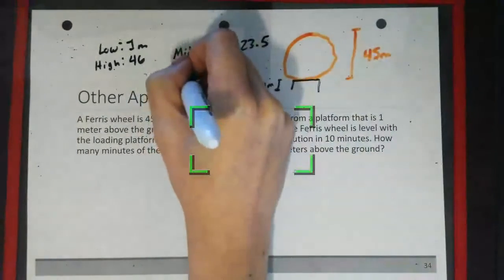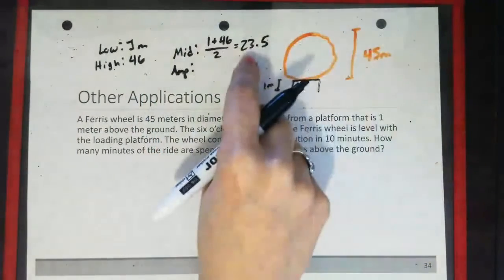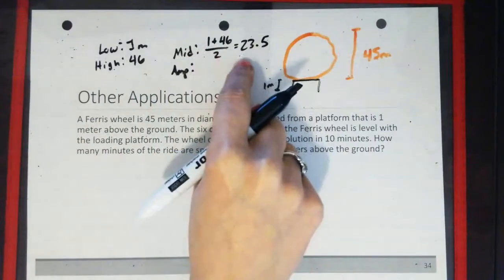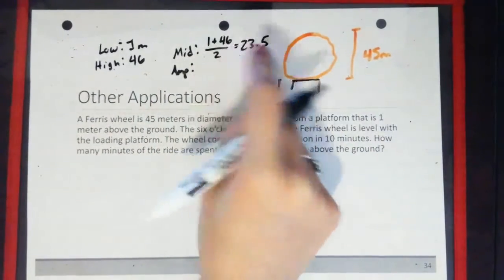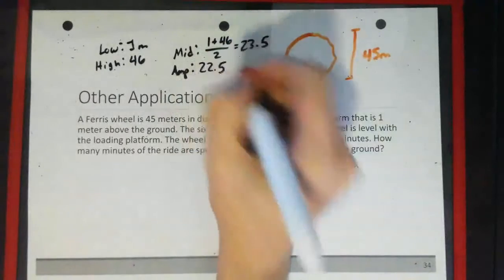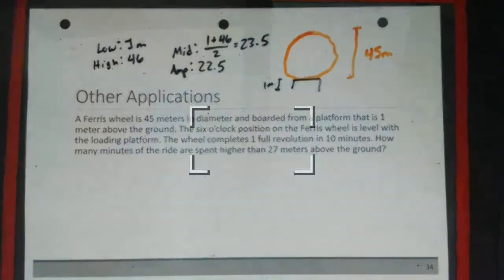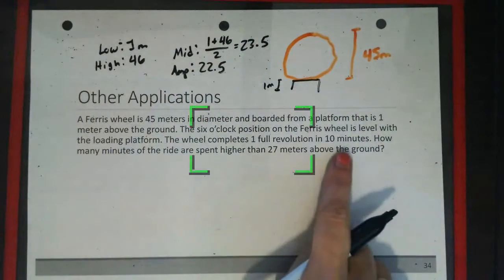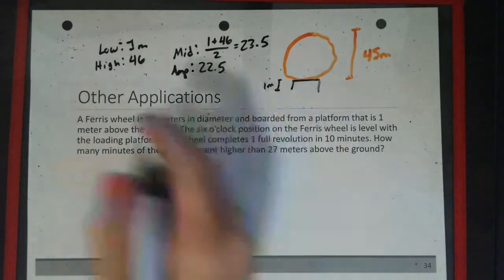We can find our amplitude by finding the distance from 46 to 23.5, or I guess the other way around, and that's 22.5. We know that our period is 10 minutes because that's how long it takes to go all the way around.